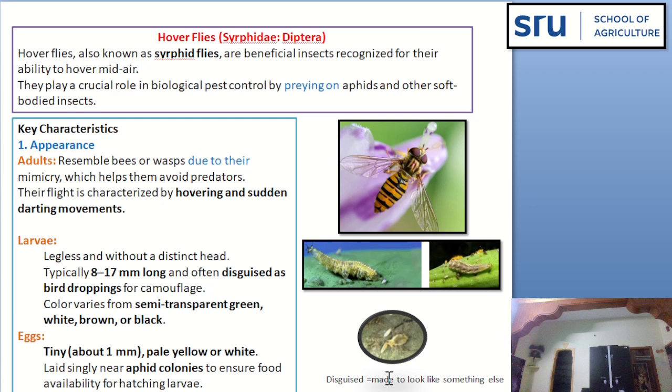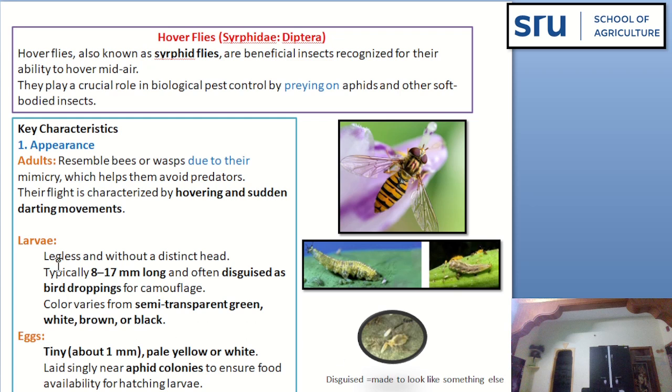Next are the hoverflies, which belong to the family Syrphidae and order Diptera. Hoverflies, also known as syrphid flies, are beneficial insects recognized for their ability to hover mid-air. They play a crucial role in biological pest control by preying on aphids and other soft-bodied insects.